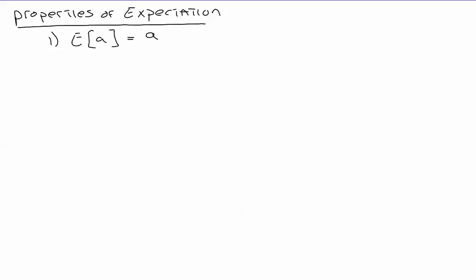Second property: the expected value of a constant times a function is just the constant times the expected value of that function.